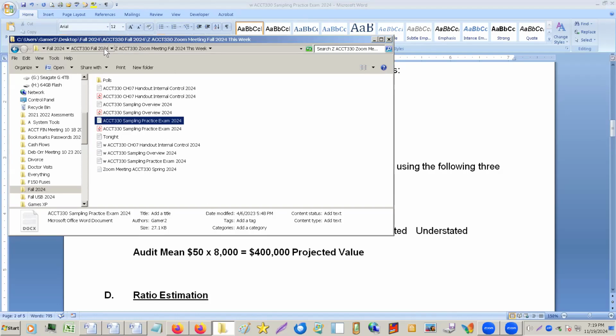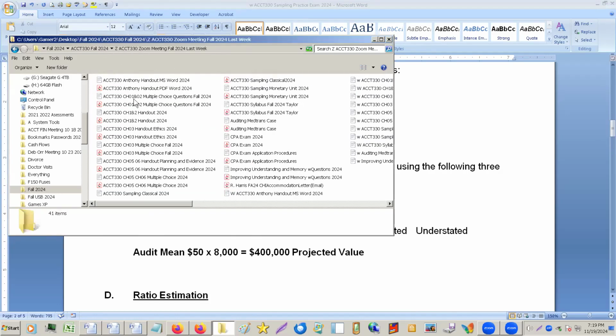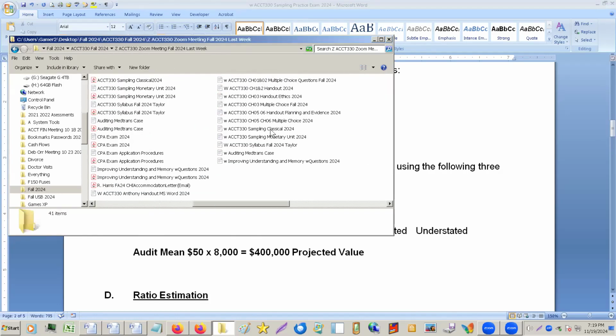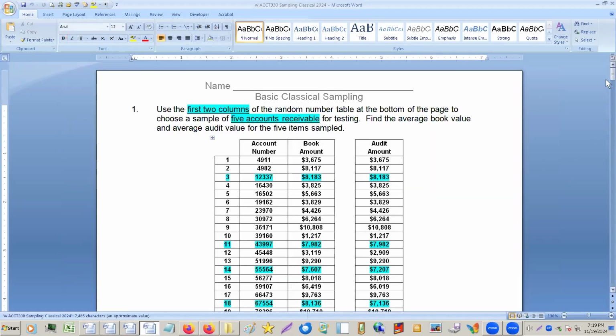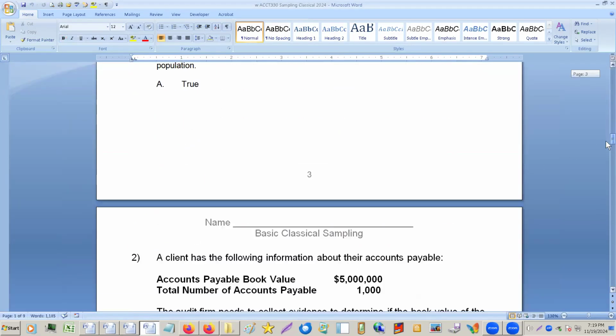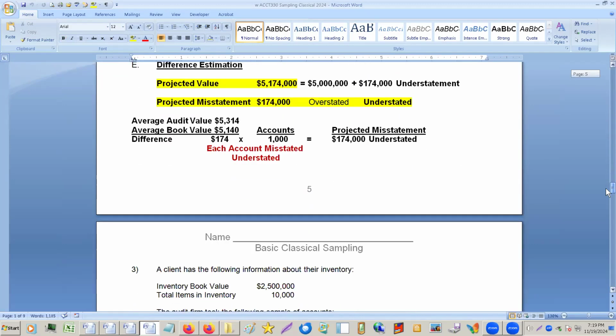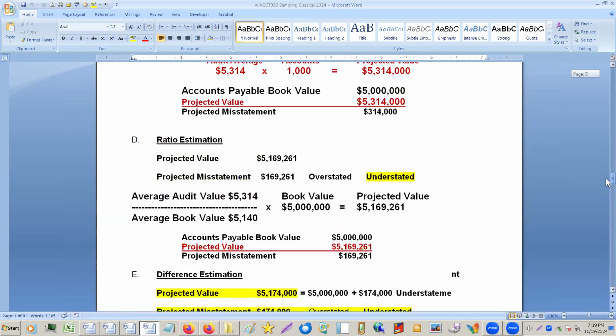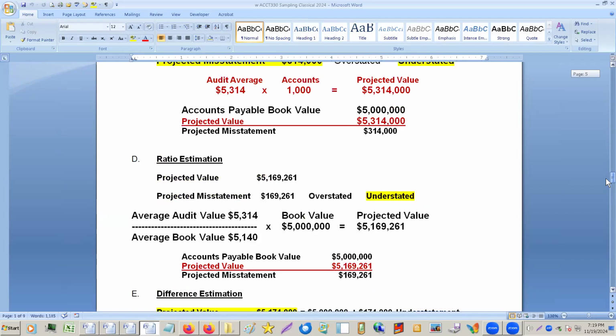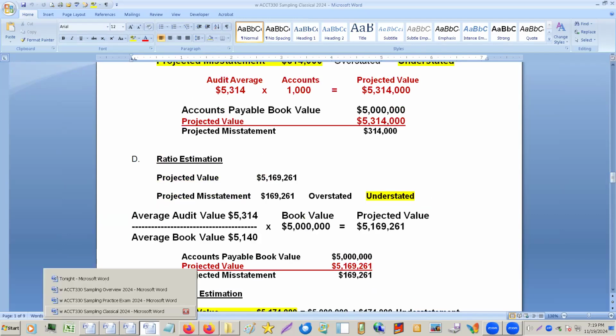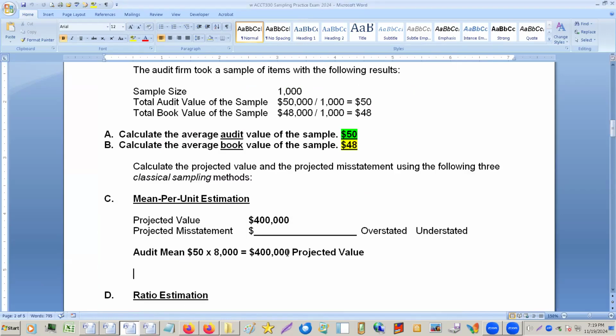I'm going to cheat, because I don't want to put it on here differently than I had in the other ones. Book value, projected value. Okay.